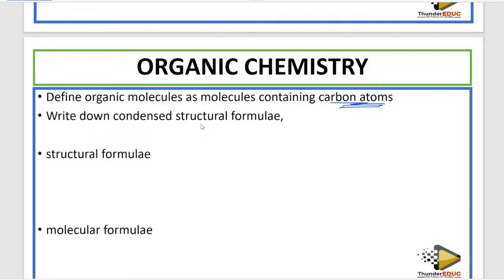These are some of the terms you need to know when talking about organic chemistry. Number one, condensed structure formula: what does it mean? Then you have a structure formula. What does it mean? We have a molecular formula. What does it mean?